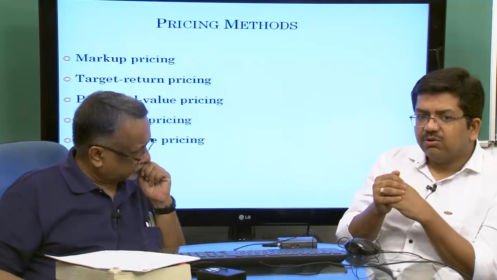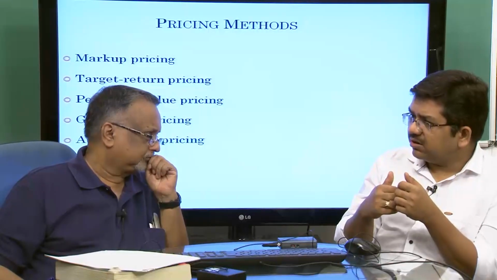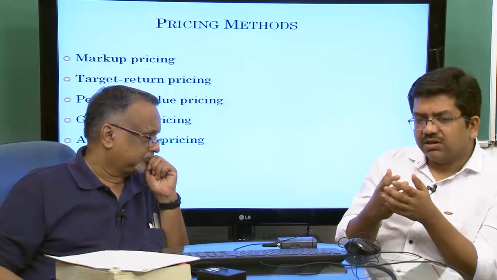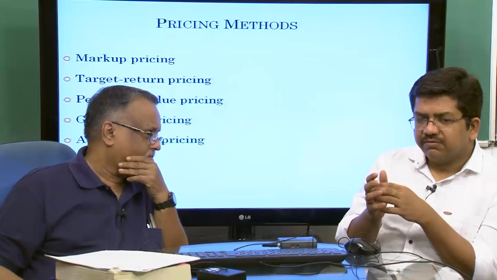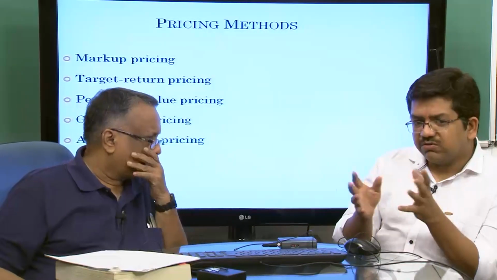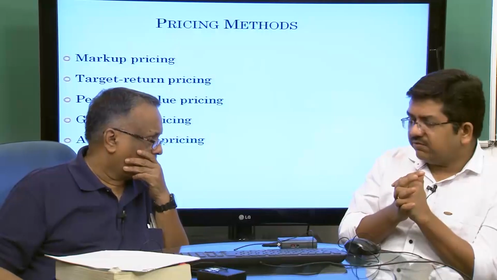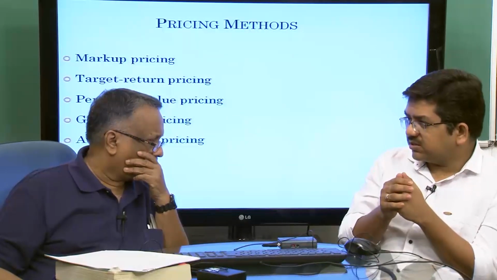We have looked into examples from the pharmaceutical sector and many luxury product categories, where the pricing was more on the perceived value side. So, this was about the second P, and with this we are going to wrap up this session.